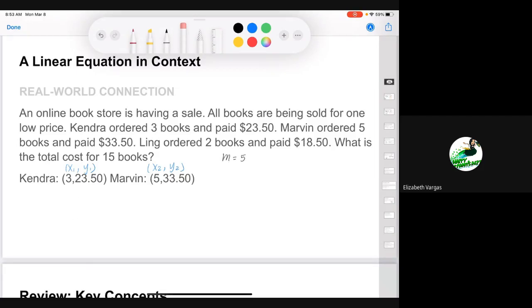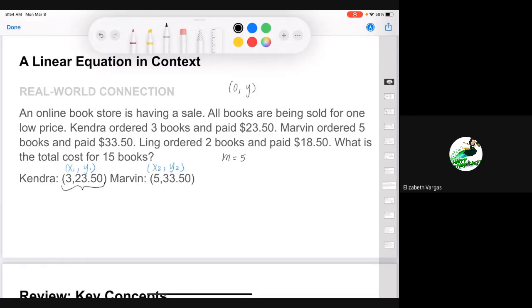Okay. Now, do I have a y-intercept? Well, no, I'm not told anything about how much the cost of 0 books is, right? Because for my y-intercept, it would have to be 0 and then whatever my y is. Well, I'm not told anything about that. So I want to identify my y-intercept, and the way I'm going to do that is I have one coordinate. Okay.